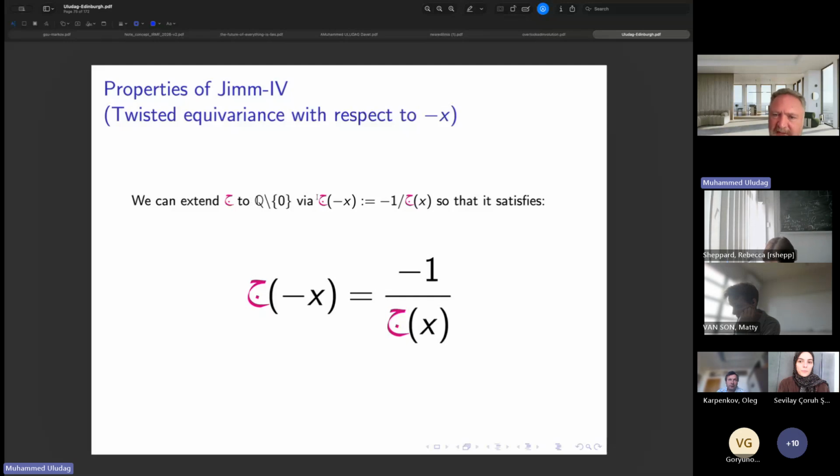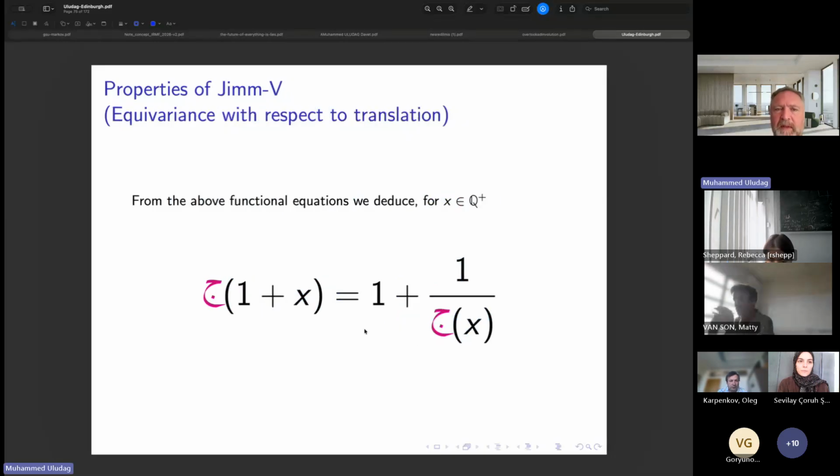So we extend it like this so that this equation is satisfied. Extension and equation are the same. And using two of the previous equivariance relations, we can obtain that Gym(1 + x) equals 1 + 1/Gym(x).